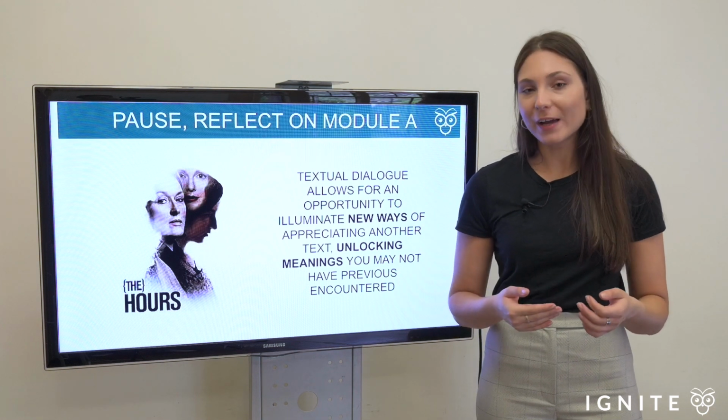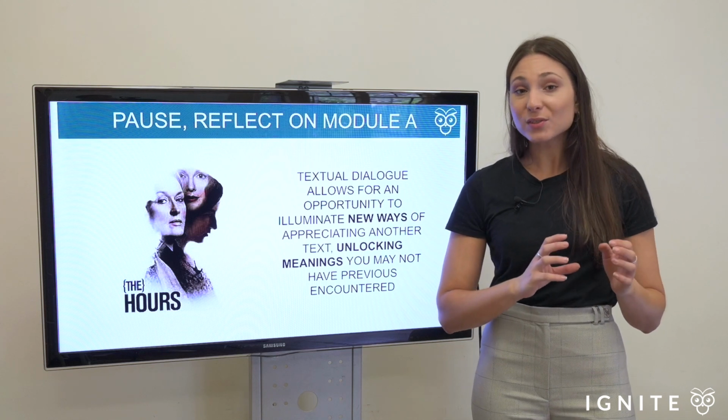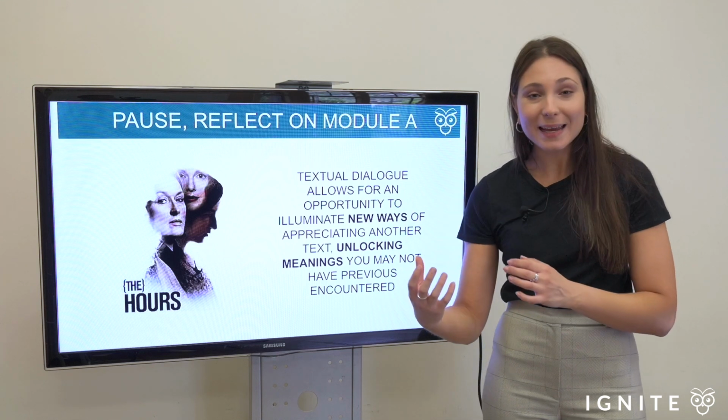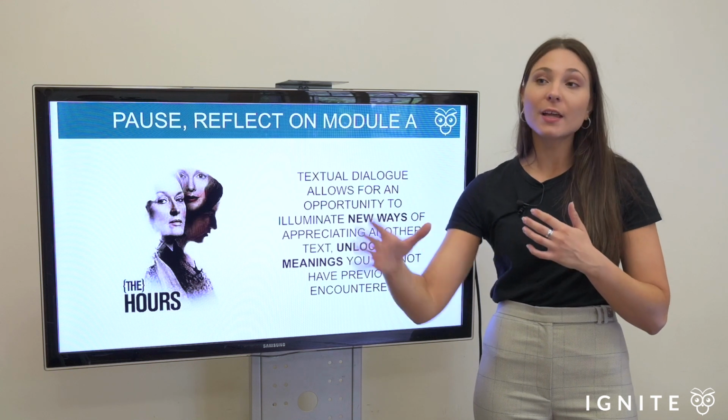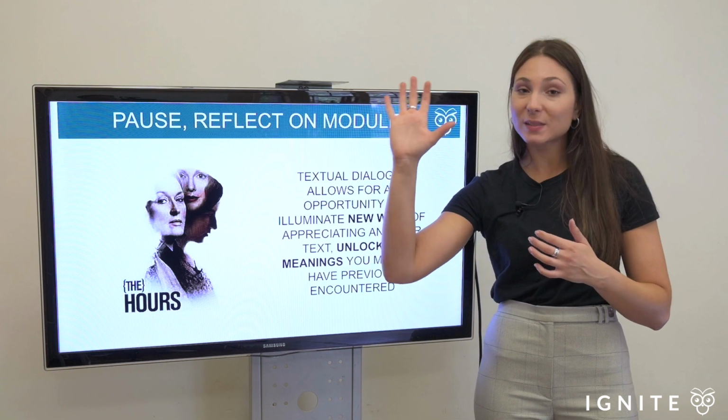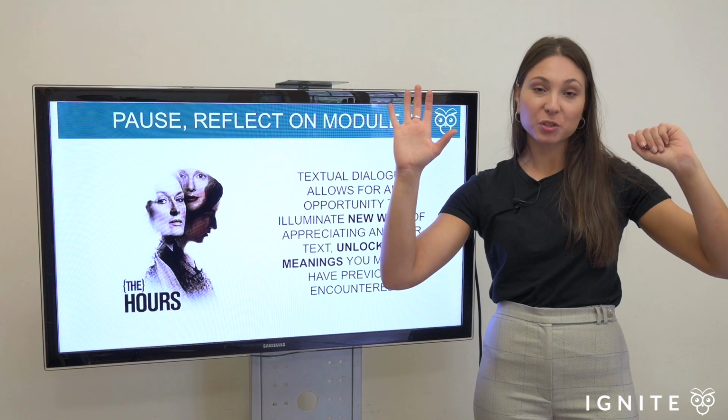And in a reciprocal fashion, that earlier text also provides a means through which you can understand the meaning of that latter text, because often the later text, the adaptation, makes no sense unless you have looked at that original text.